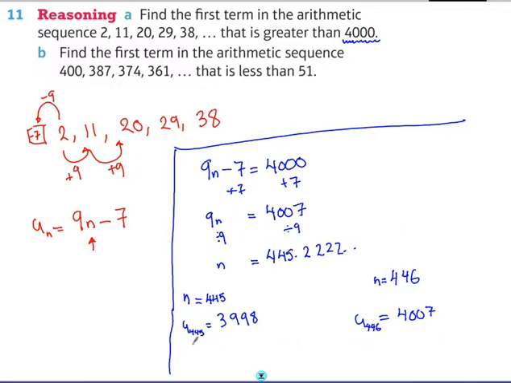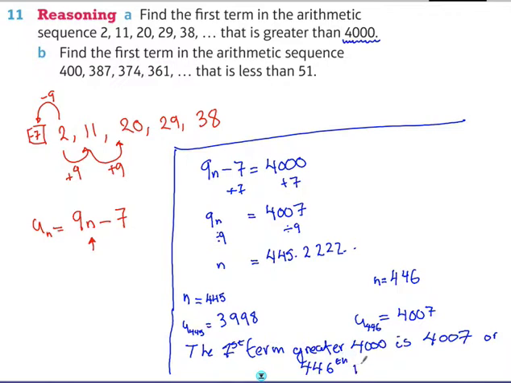Just to conclude, the first term greater than 4,000 is 4,007, or the 446th position.